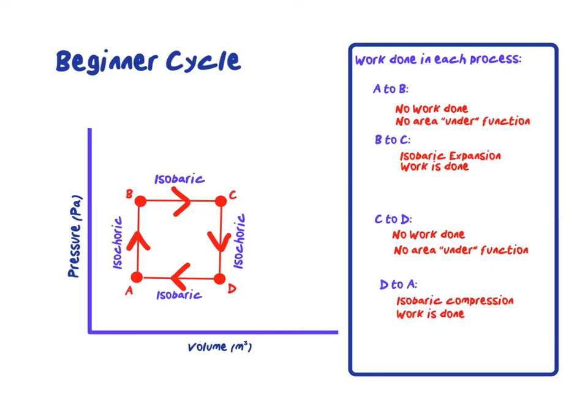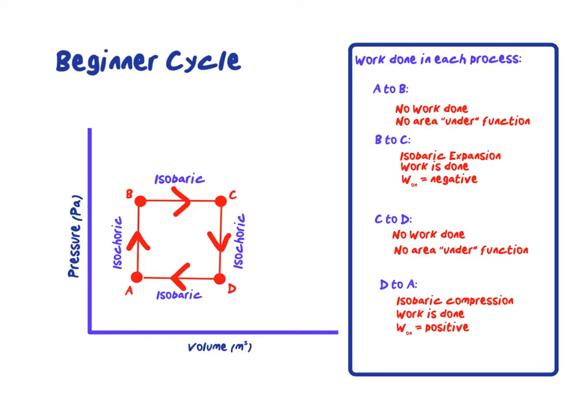Now we have to start to look at what's the net amount of work done rather than just the work done during one process. But let's focus first on B to C. The work done on the gas is negative in that case. And for D to A, the work done on the gas is positive in that case.